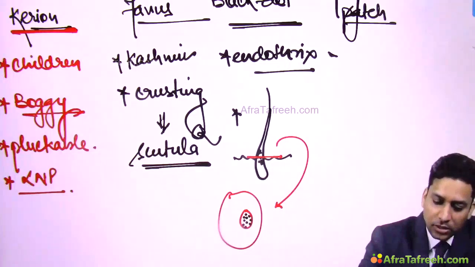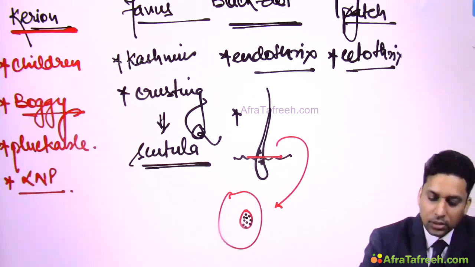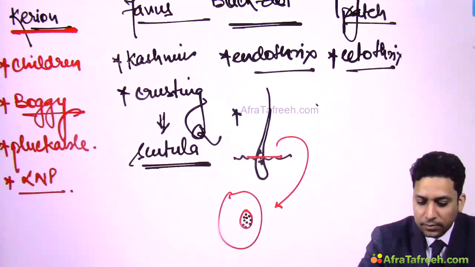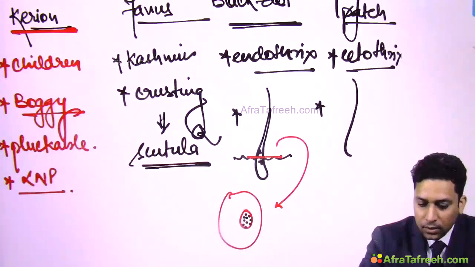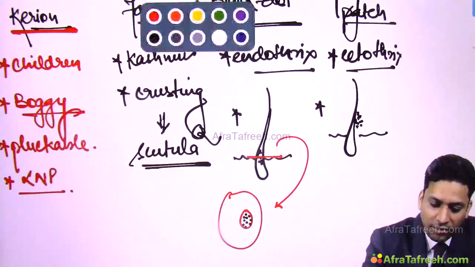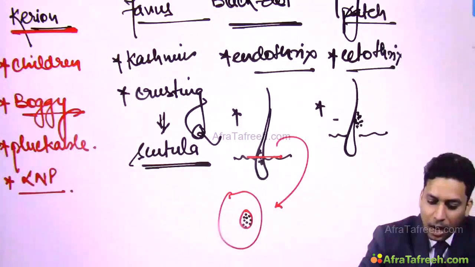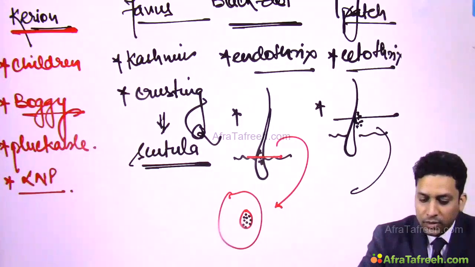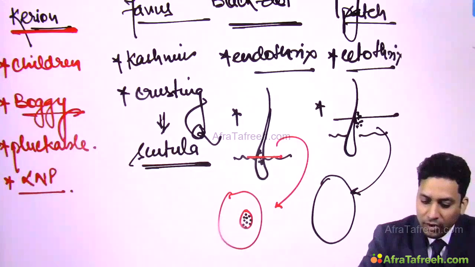Now gray patch, this is caused by ectothrix species. Here the spores are outside. They also make the hair follicle very weak and they start breaking, and they break above the level of scalp. So when they break above the level of scalp, you will find a patch of broken hair follicles, isn't it?